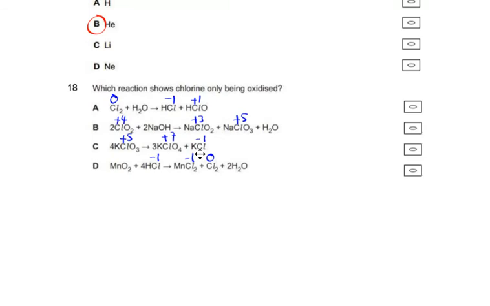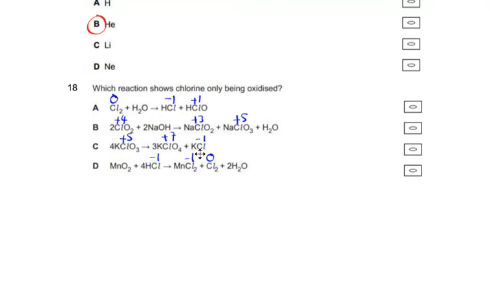To answer this question, you have to remember the rules for assigning oxidation number, and you also have to remember that the chlorate ion always has a charge of minus, just one single negative charge. There's different forms of the chlorate ion, different oxidation numbers, and that's because chlorine can expand its octet.